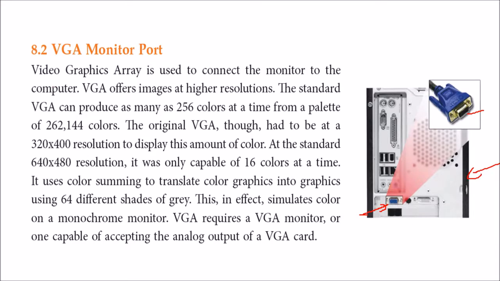VGA means video graphics array. It is used to connect the monitor, the display device, to the computer, and it has a very good resolution. From a palette of 262,144 colors, it is able to show you 256 colors. The resolution also varies, such as 320 by 400 and 640 by 480.